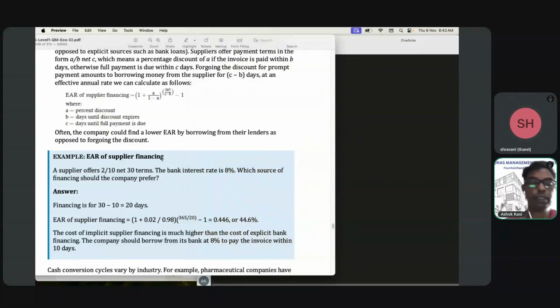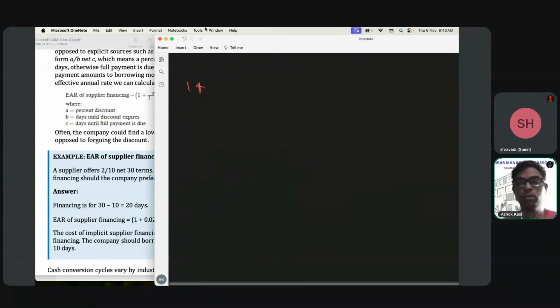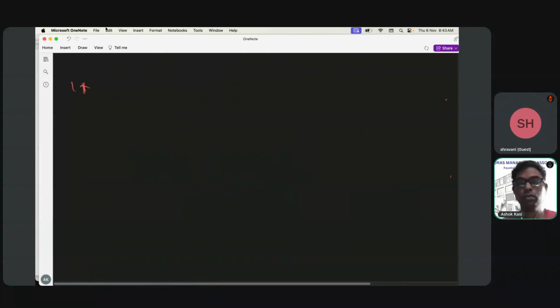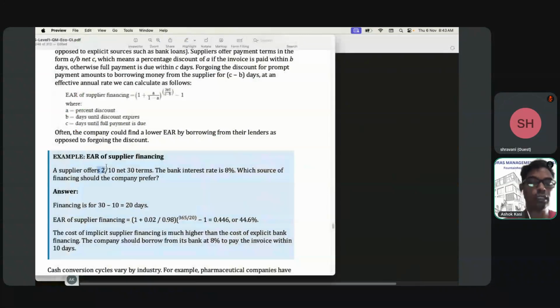See, what it means is you are making the payment earlier. When you make the payment earlier, they are giving you a 2% return. But when you convert it annually, it comes to 44% return.